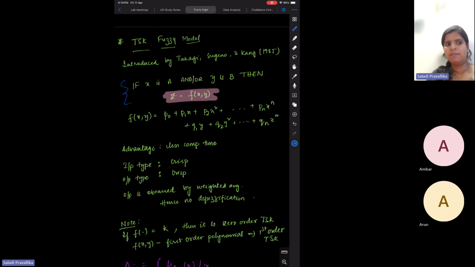Before we were having if X is Ai and or Y is Bi, then Z is C. But here it is if X is A and or Y is B, then Z is equal to f of X comma Y, where this Z is going to be a crisp function, but not a crisp value.